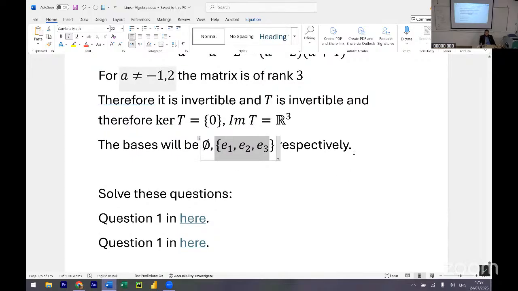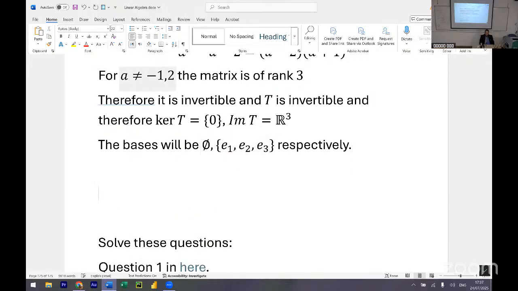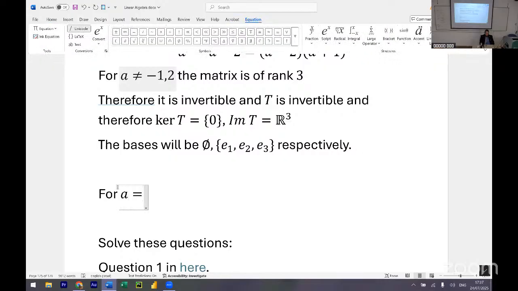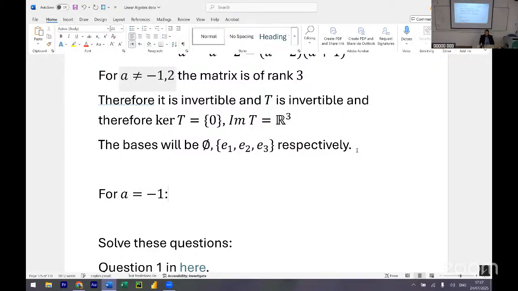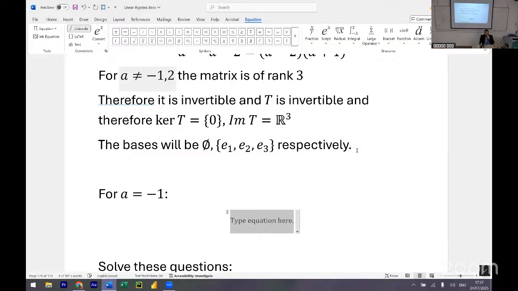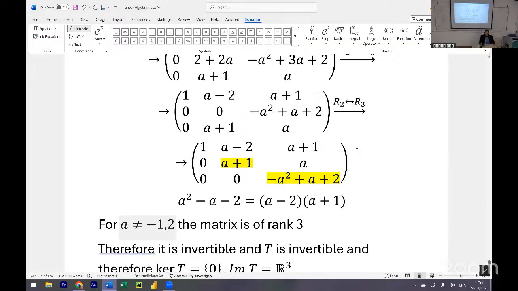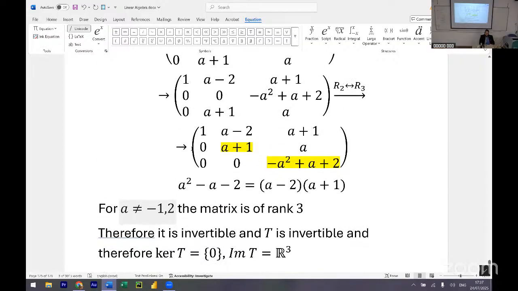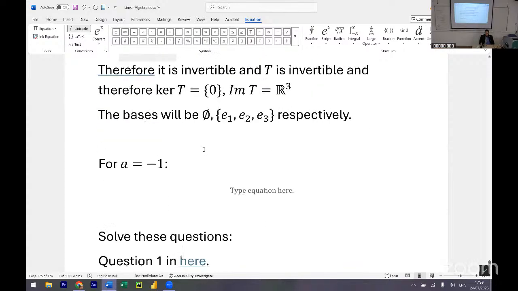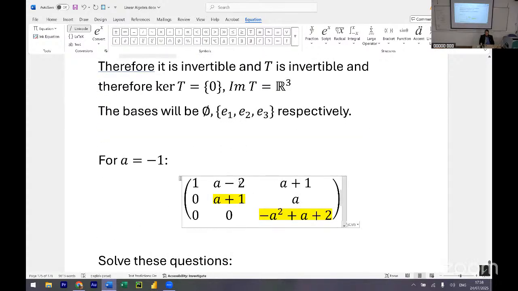Okay, for A equals minus 1, let's start with that. So the reduced matrix is as such.